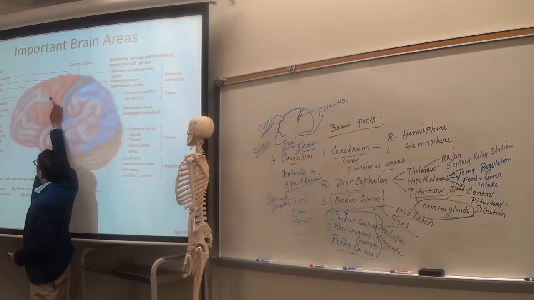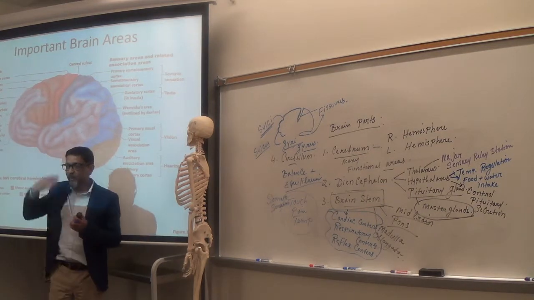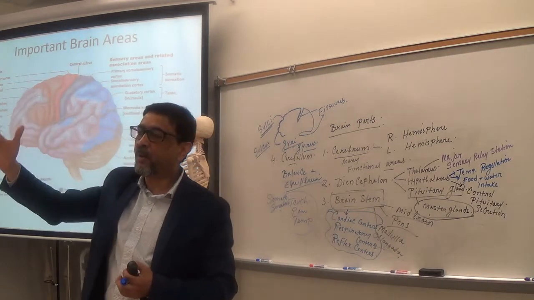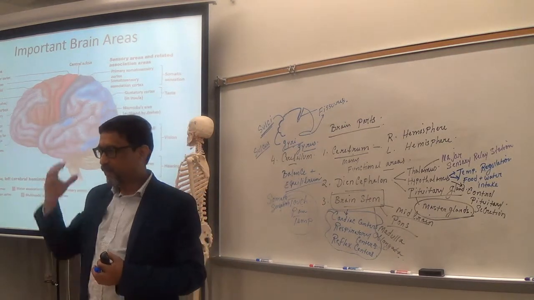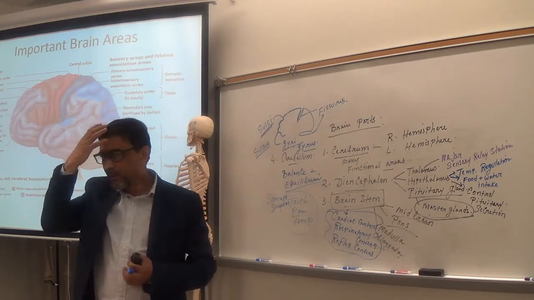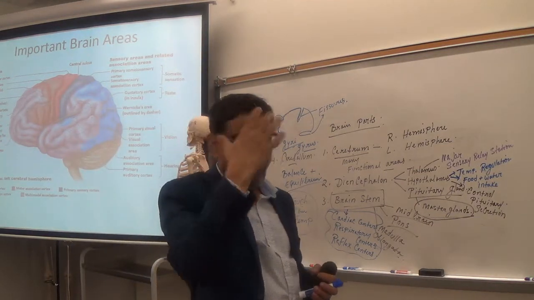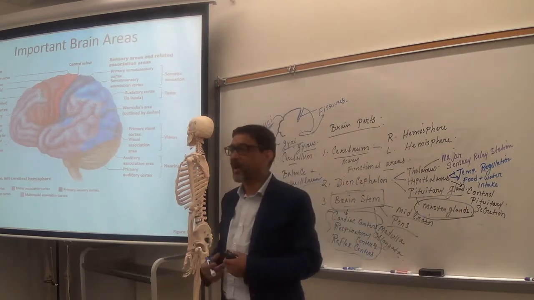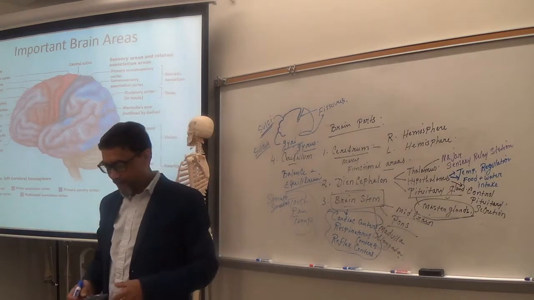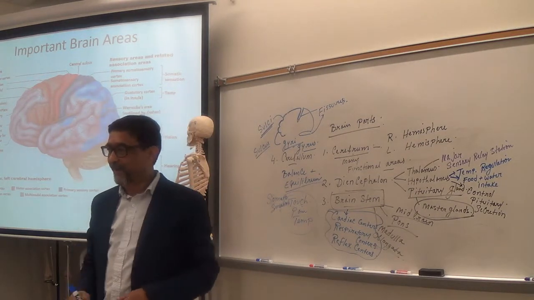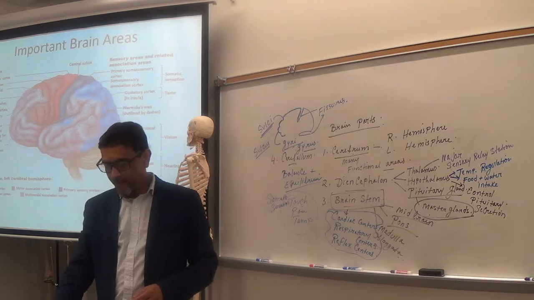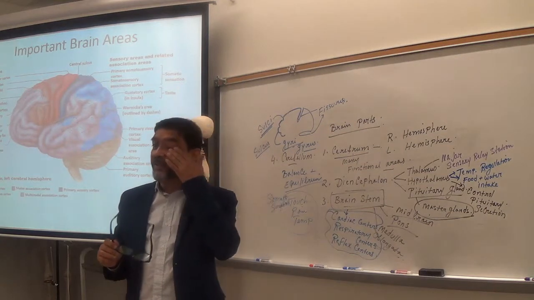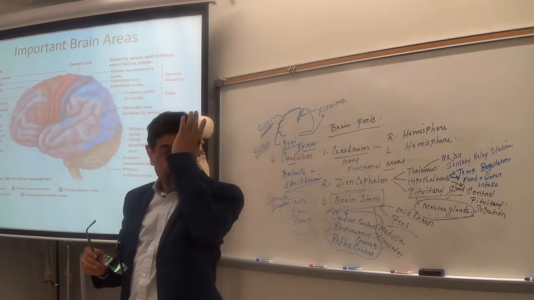Now, the frontal lobe as a whole is responsible for higher order brain functions, or higher brain functions. That's why the frontal lobe is bigger in humans, because in humans higher brain functions are more developed.